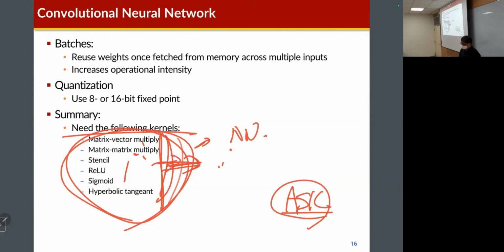That's what we have done for these computation kernels. But with the ASIC, we can build the custom chip that supports these operations, these computations.